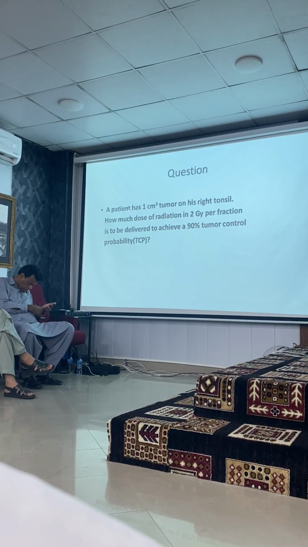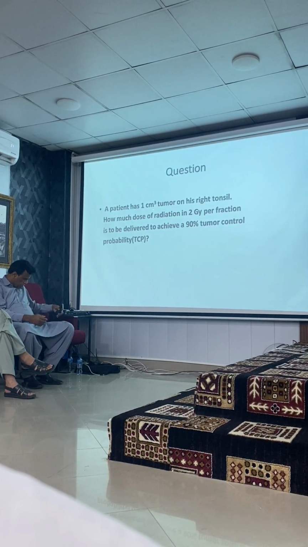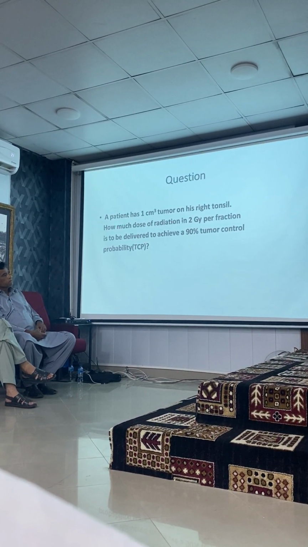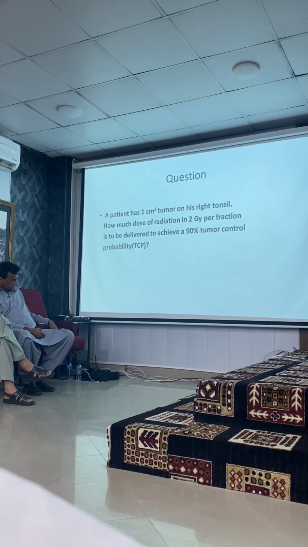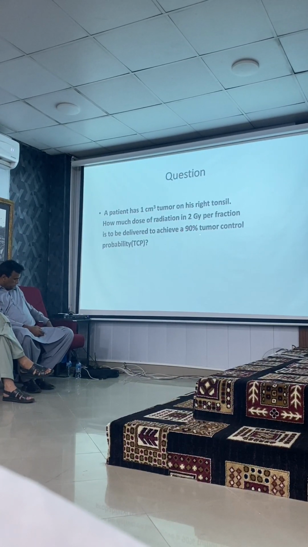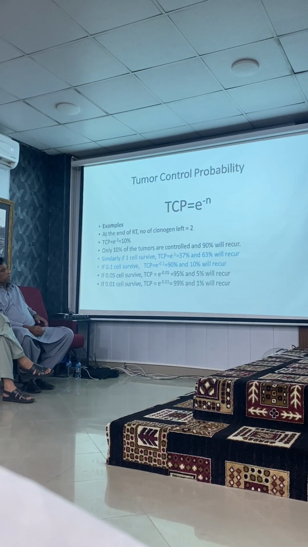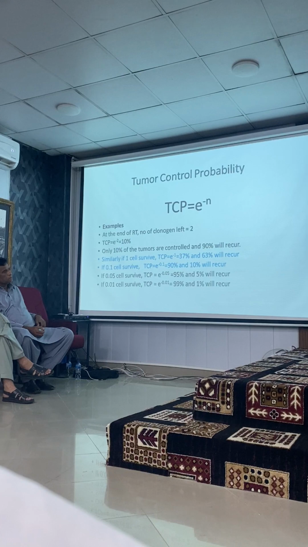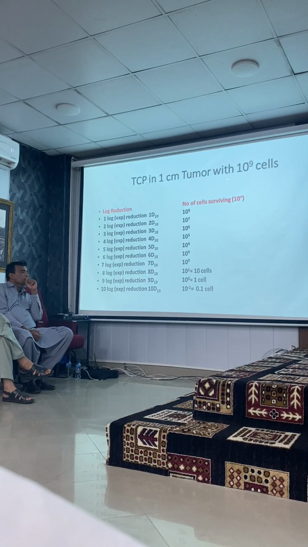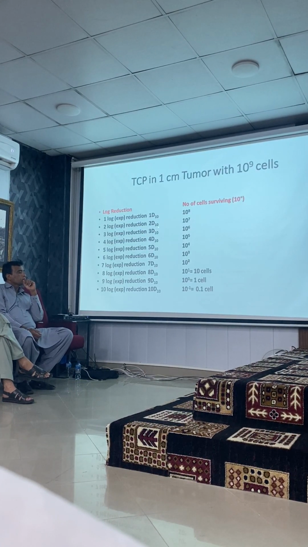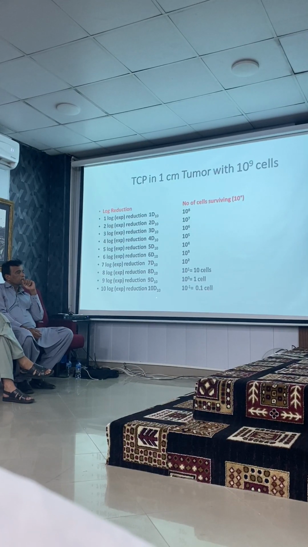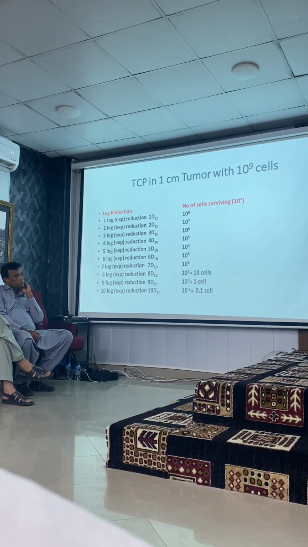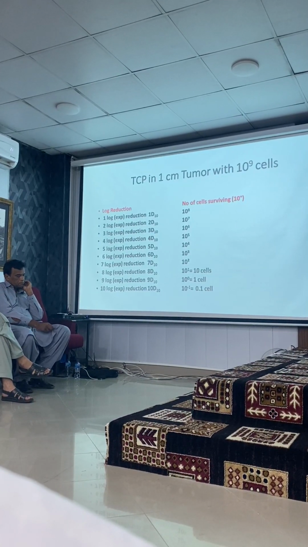So a question is that a patient has a 1 centimeter cube tumor, so at the start it has 1 billion cells, 10 power 9 cells, and how much radiation in 2 gray per fraction is to be delivered to achieve a 90% tumor control probability. We know that for 90% tumor control probability we need 0.1 cells to survive. So from 10 power 9 cells, we need 1, 2, 3, 4, 5, 6, 7, 8, 9, 10 logarithmic cell kills to take this number of cells from 10 power 9 to 0.1 cells.